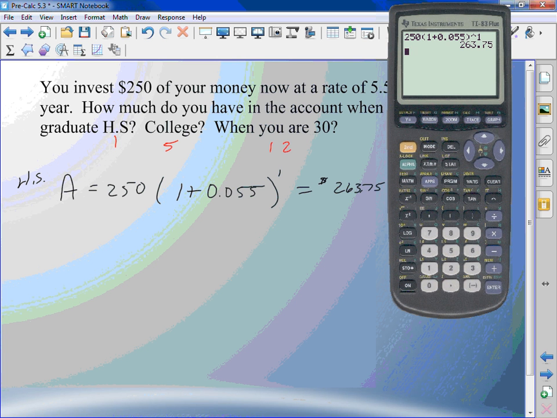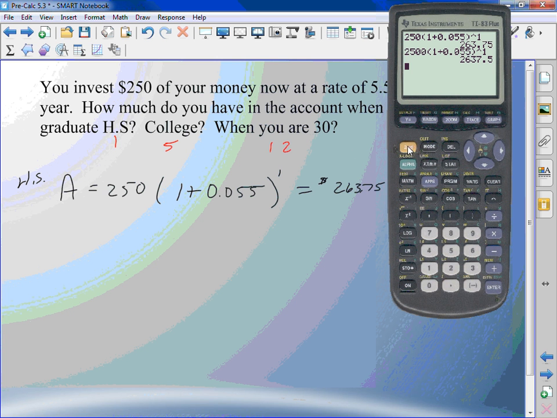That's not bad. If I were to change this to a bigger number, let's say instead of 250, I made it 2,500. How much money did I make? I made $100 and some, right?